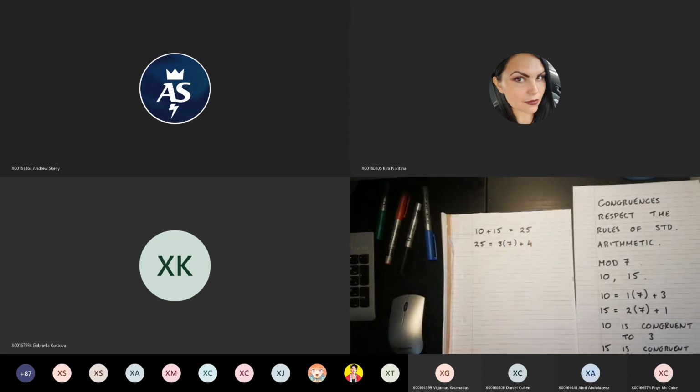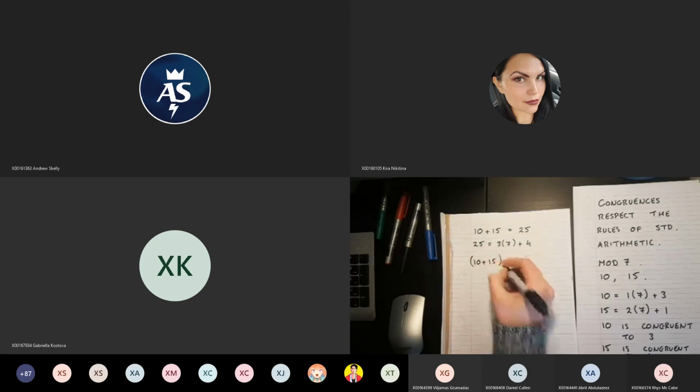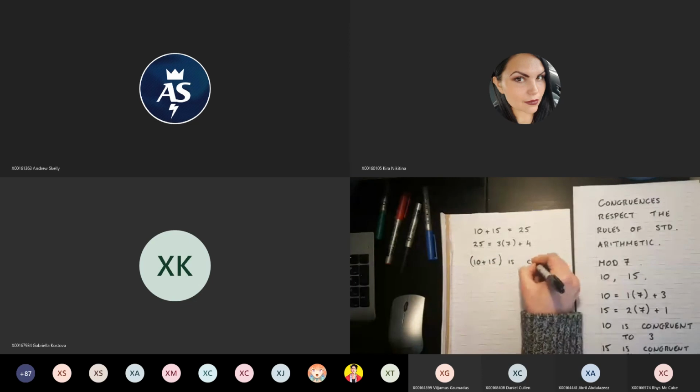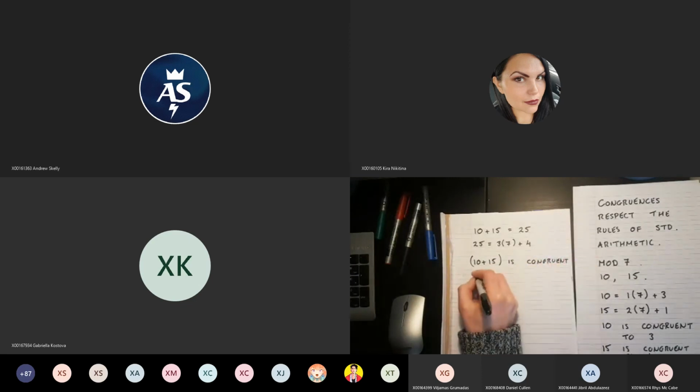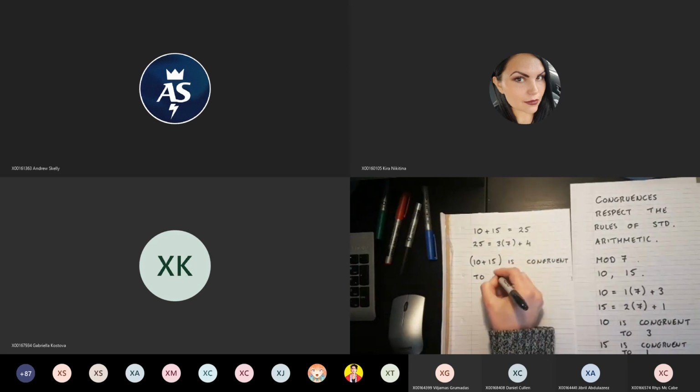So we notice that 10 plus 15 is congruent to the 3 and the 1 added together. Can people see that?